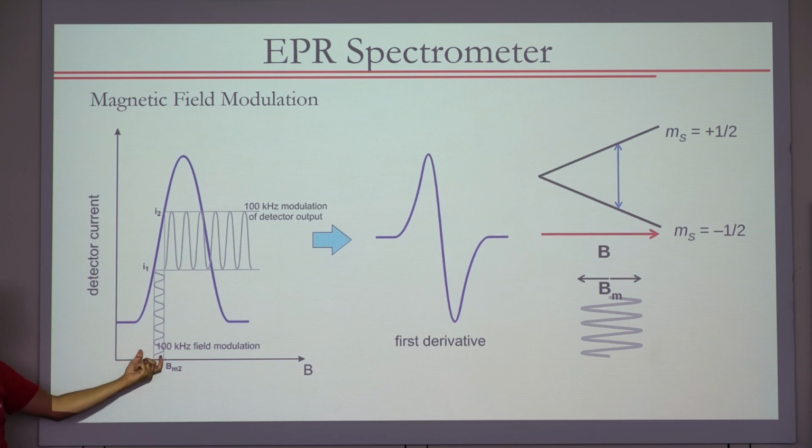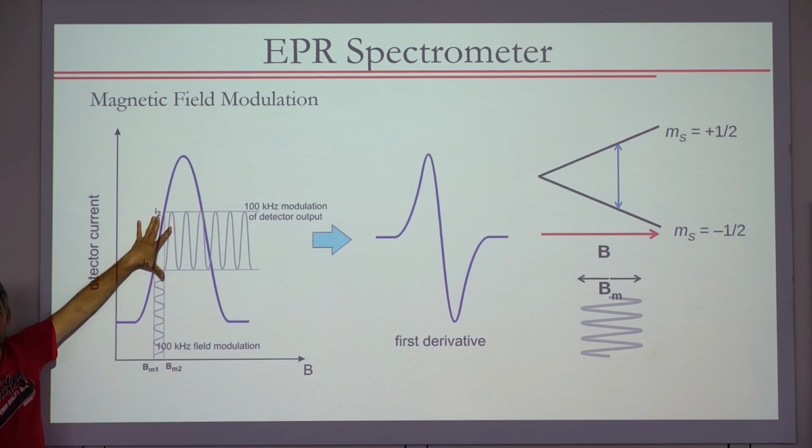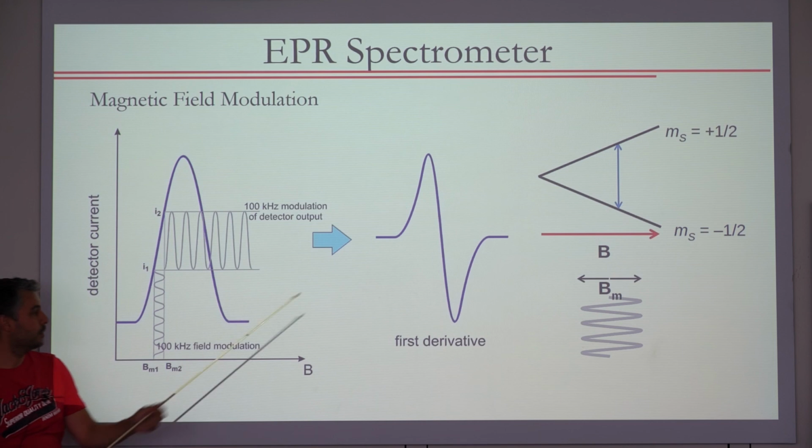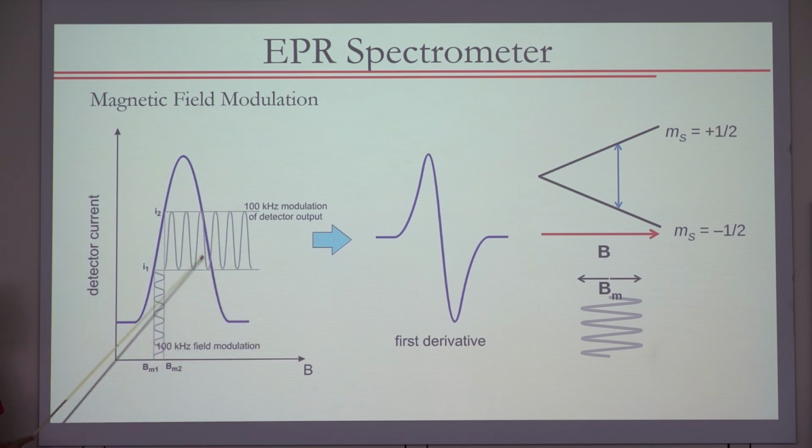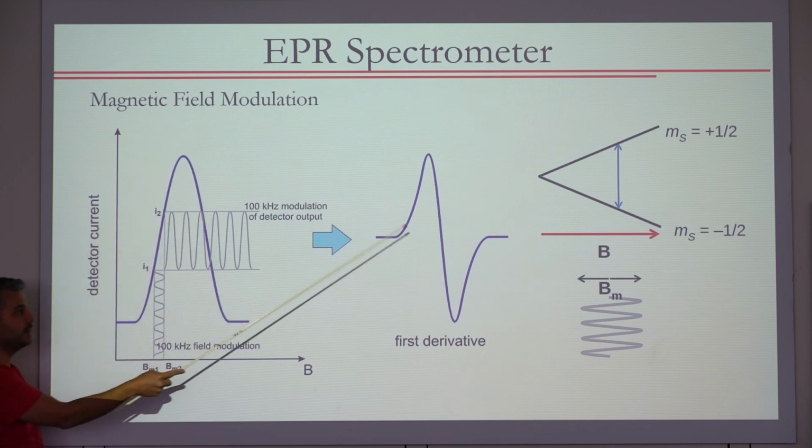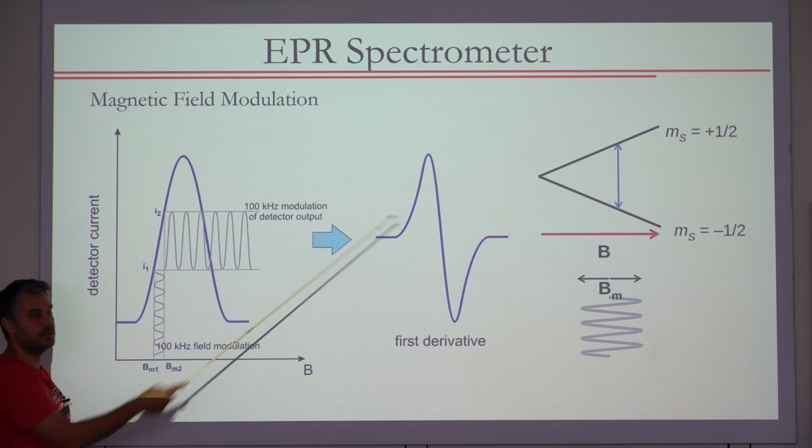If you increase your modulation, and you can change that from, I don't know, 0.01 millitesla to 1 millitesla in the Magnettech and 2 millitesla in the Bruker, you increase your signal. Because the signal is proportional to the slope of my absorption signal, what you are measuring in the equipment is the first derivative.